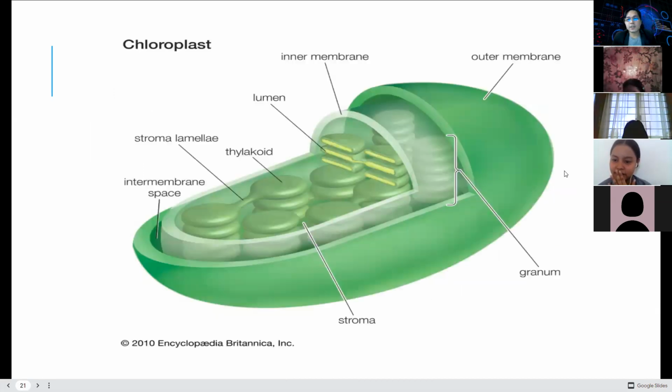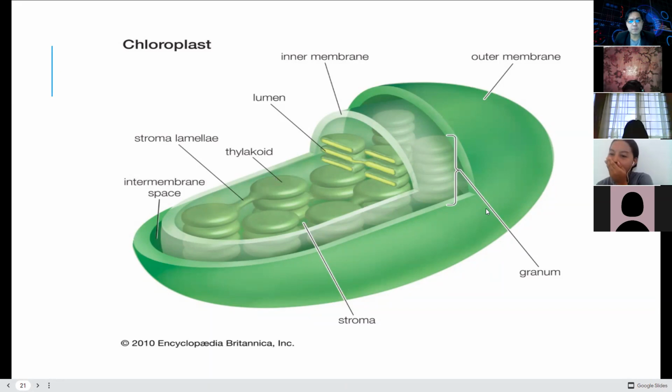Okay, this is now the illustration of your chloroplasts. As you can see, there are a lot of thylakoid membranes. These are thylakoids, the disc shapes there. This is where the light-dependent reaction occurs, in the thylakoid. This is your outer membrane, the protective cover of the chloroplast.